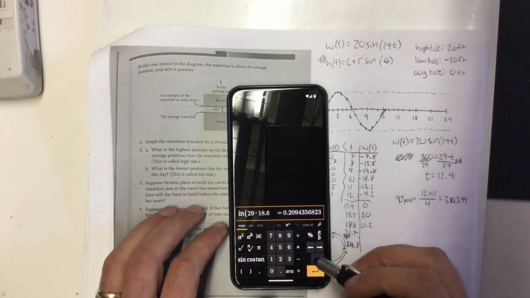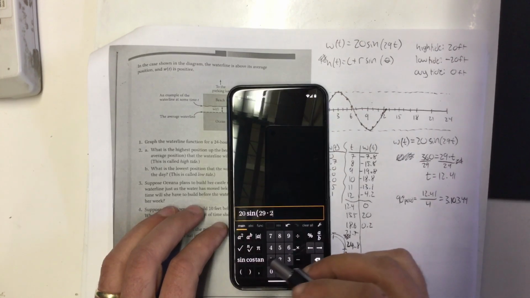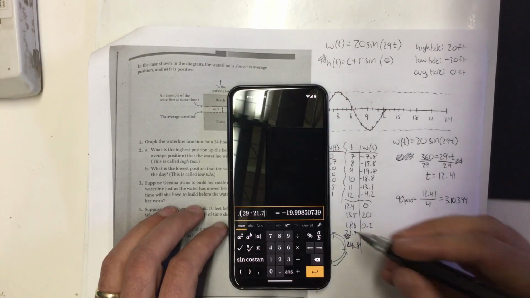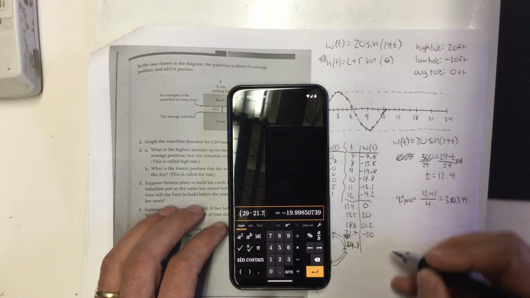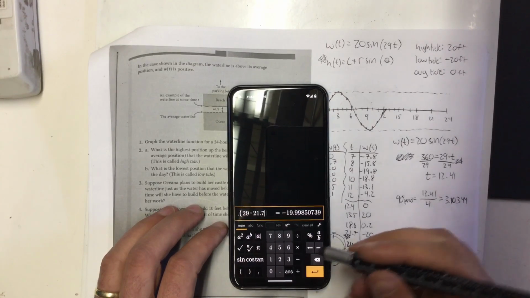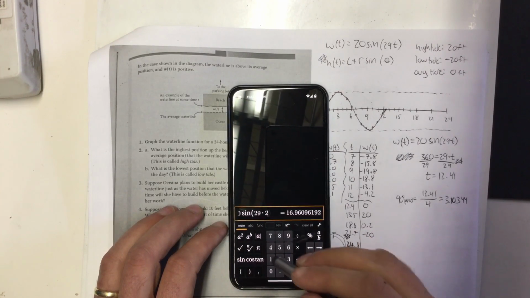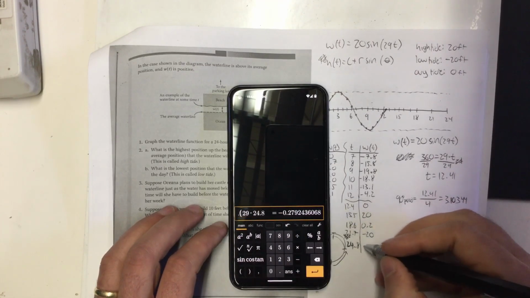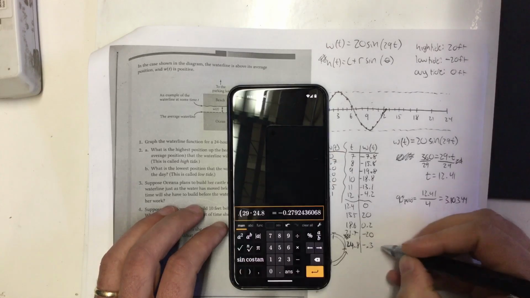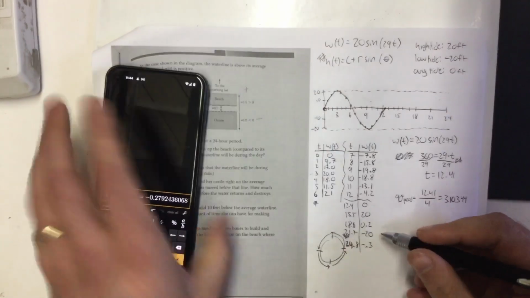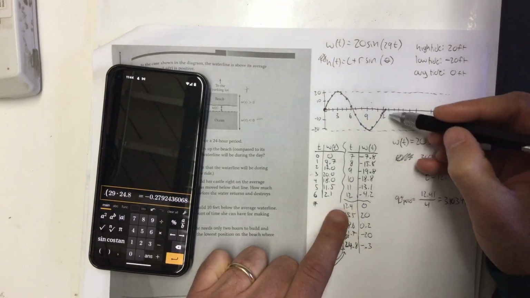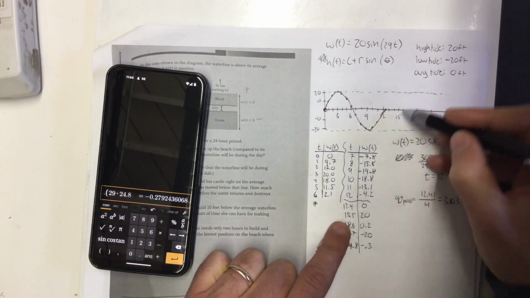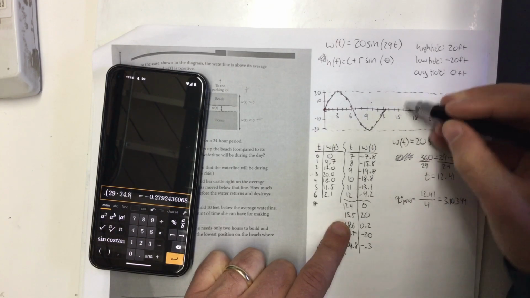Then 21.7 is negative 20, and then 24.8. We're back to 0, negative 0.3. Okay, so now we can graph these. So at 12.4, we got that. Then at 15.5, we're all the way back at the top.